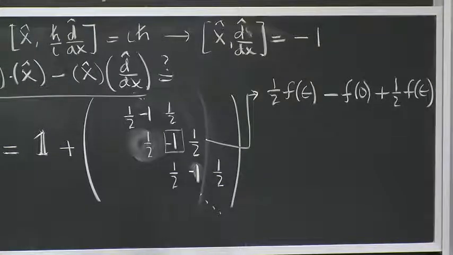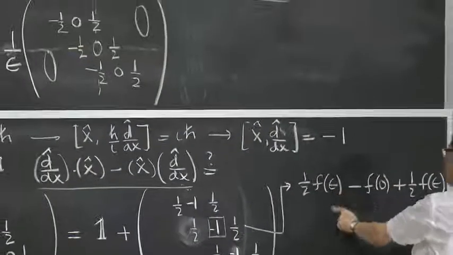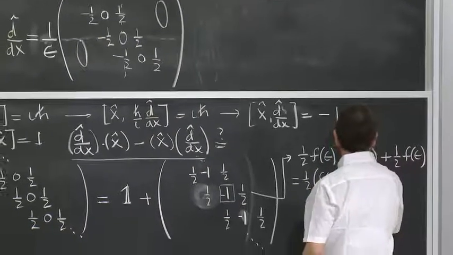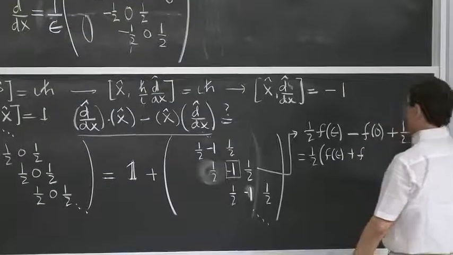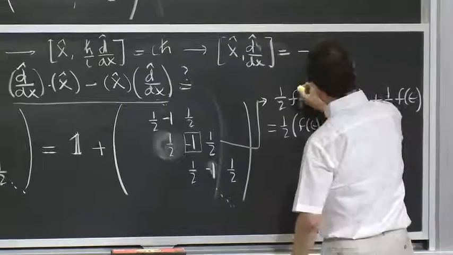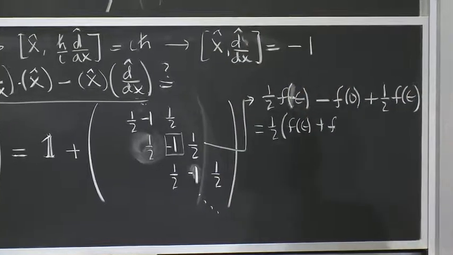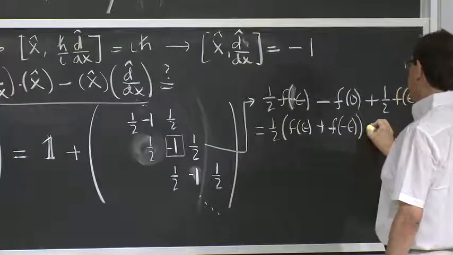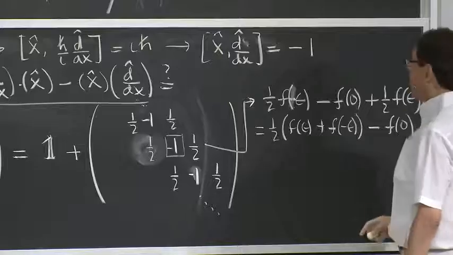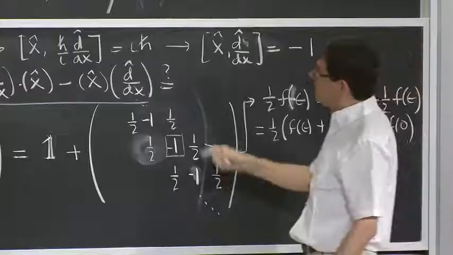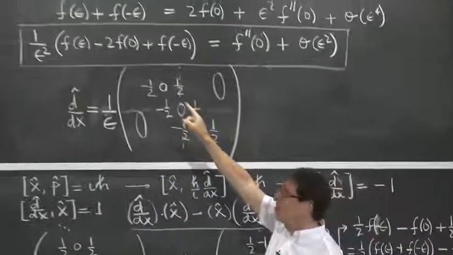And what is this? Well, look at here what we have. We have, this is 1/2 of f of epsilon plus f of minus epsilon. This should have been a minus epsilon, the first one. F of minus epsilon minus f of 0. But we evaluated before the sum of f of epsilon plus f of minus epsilon at the top part of that board.